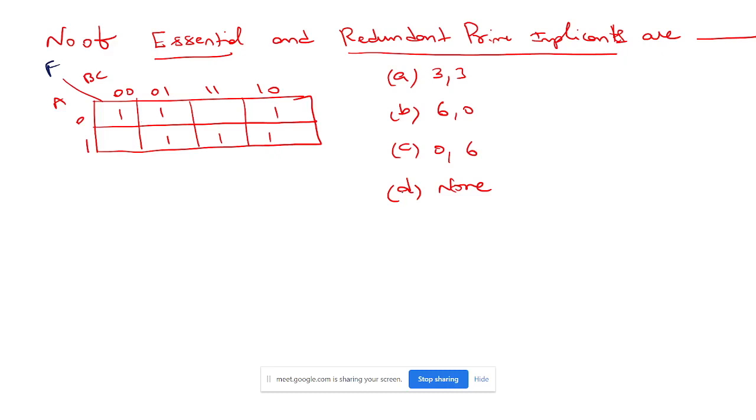Any answers? Number of essential and redundant prime implicants are.